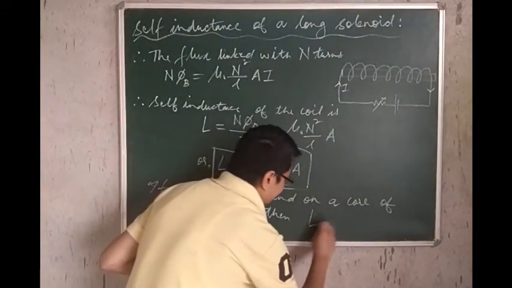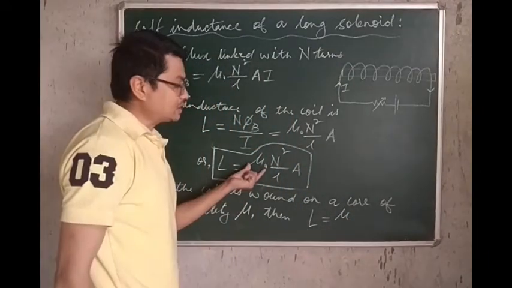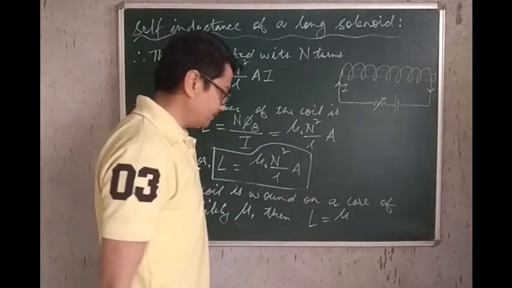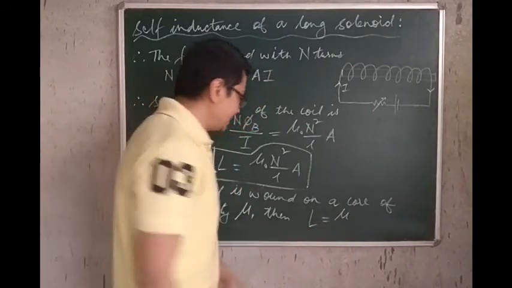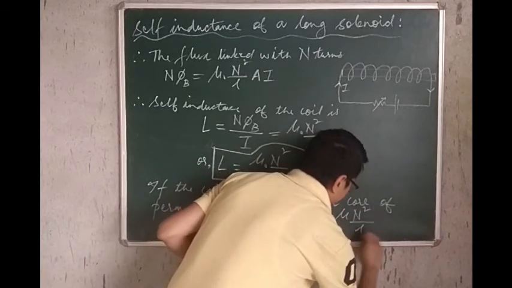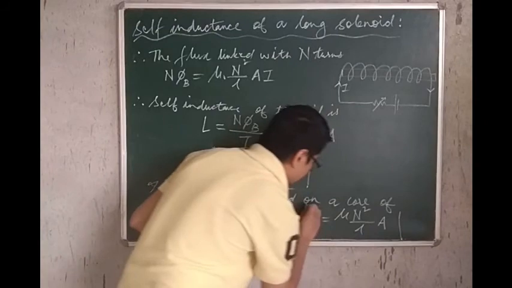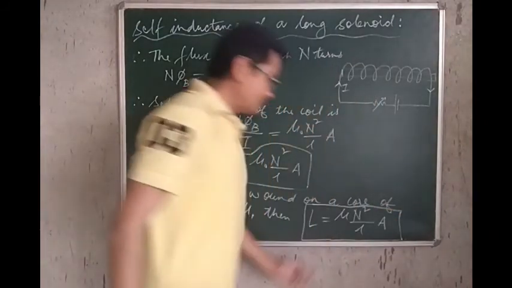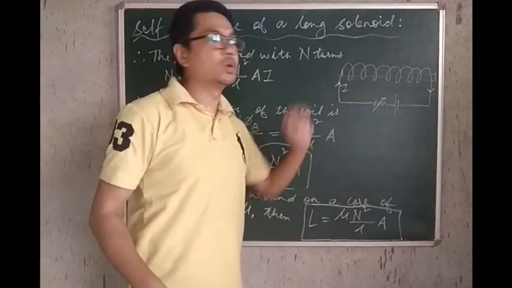The self-inductance L will be with mu and not mu naught. Mu naught is in the case when we only have the coil. We don't have a core substance. So when we have a core substance whose permeability is mu, then L is mu N squared upon L into the area A. So this is the expression for the self-inductance. So you can see self-inductance is also dependent on the material of the core.